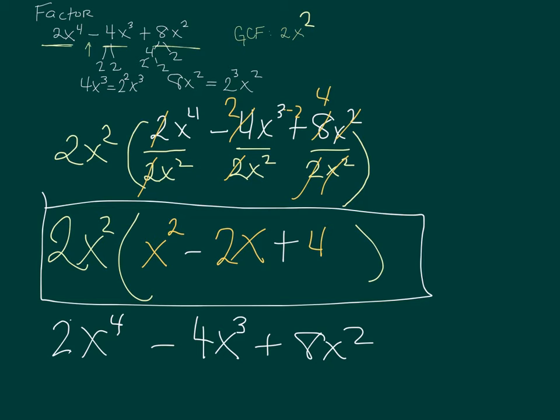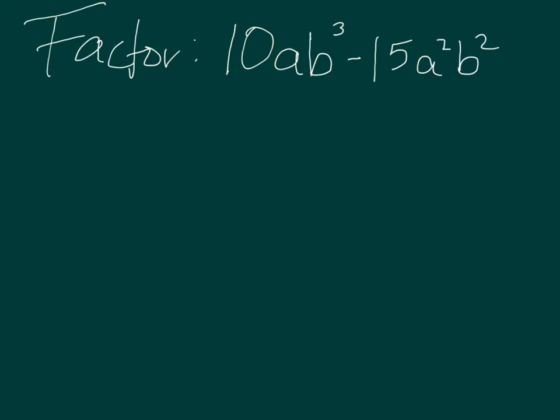Okay? So this kind of factoring is just pulling out a GCF. Let's look at another example of that just to make sure that all of the processes make sense. Okay, so I'm trying to find the GCF first, so I'm going to break down the coefficient parts. So I'm going to do 2 and 5, 3 and 5.